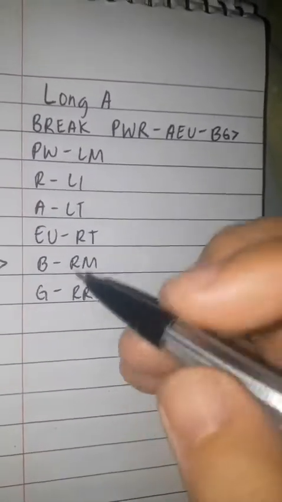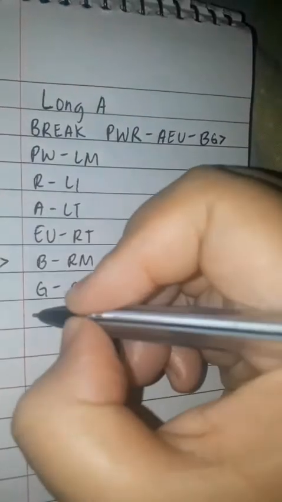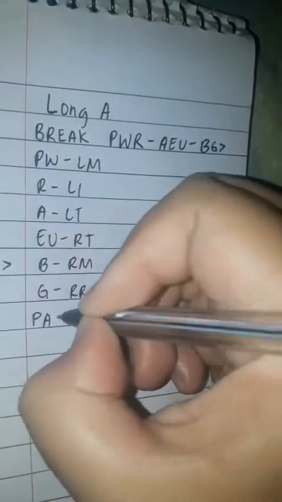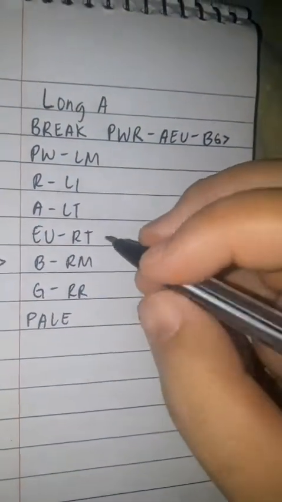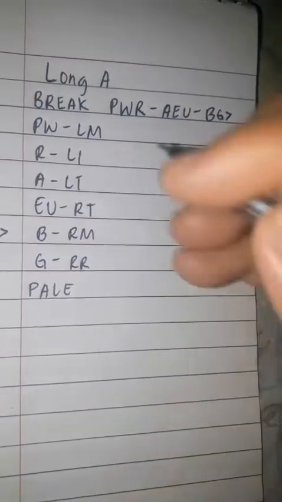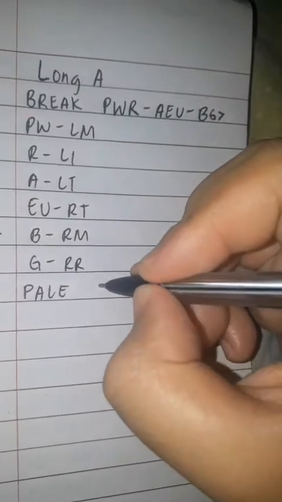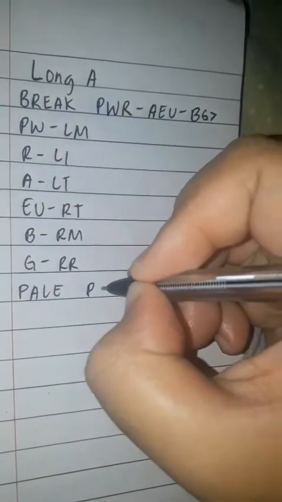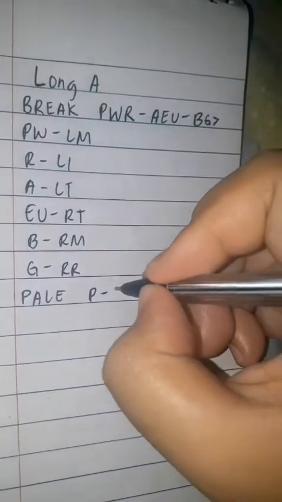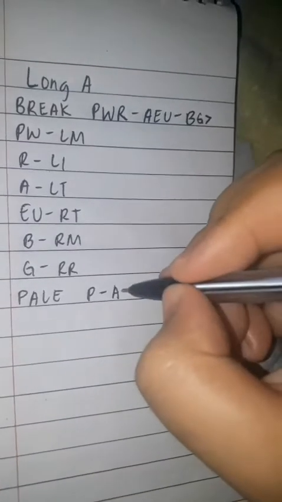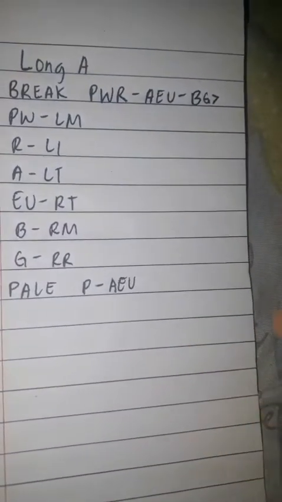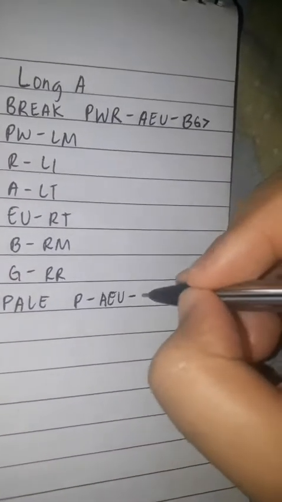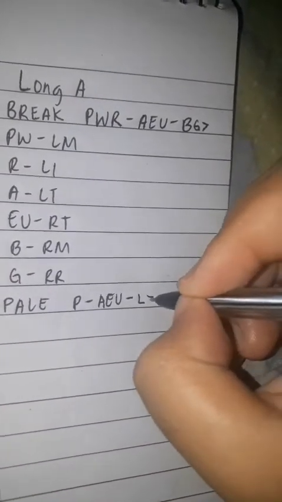So, let's have another example. So, we have the word pale. So, the codes are initial letter P for P, vowel AEU for long A, and ending letter L, and release.